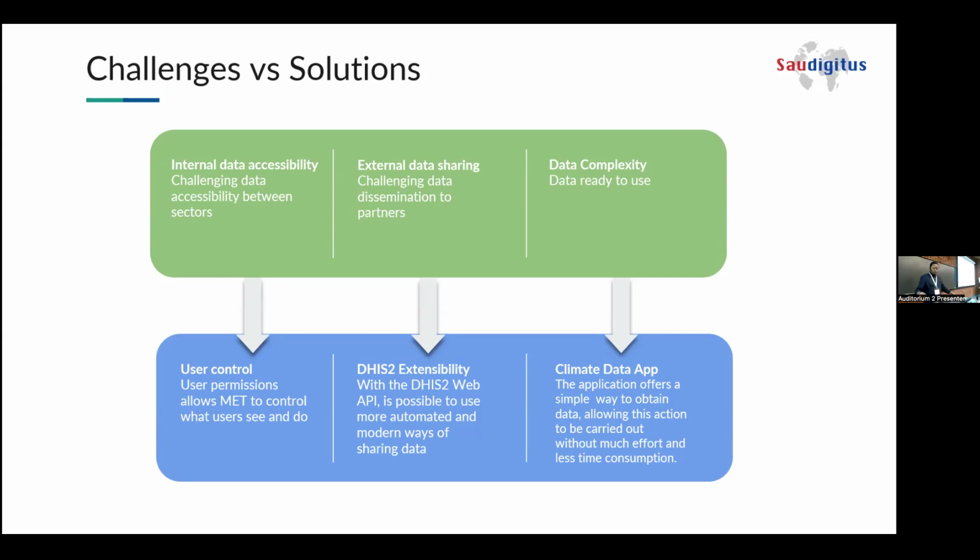We think this can help them have this control. For the external data sharing issue, we have DHIS2 extensibility. We think we can improve this with the DHIS2 Web API, by creating an automatic process of sending the data to partners.